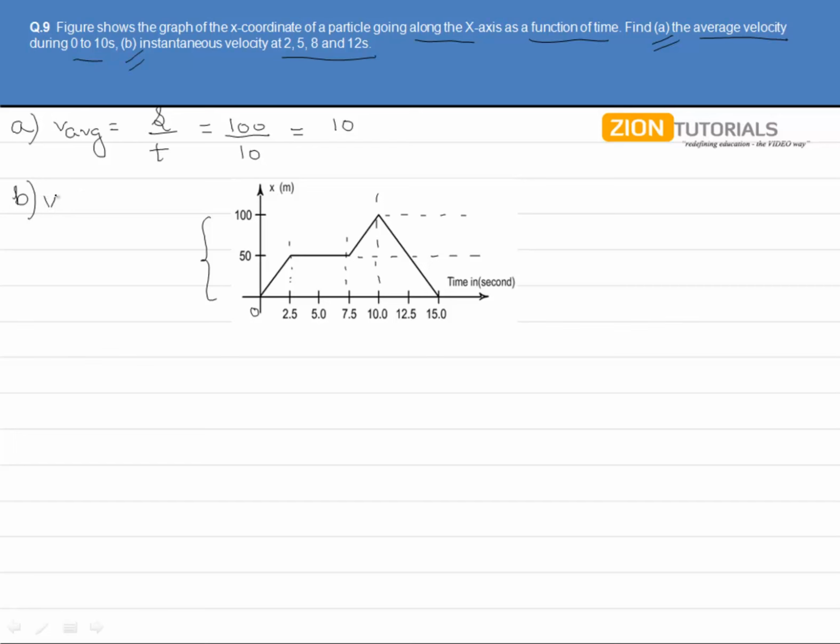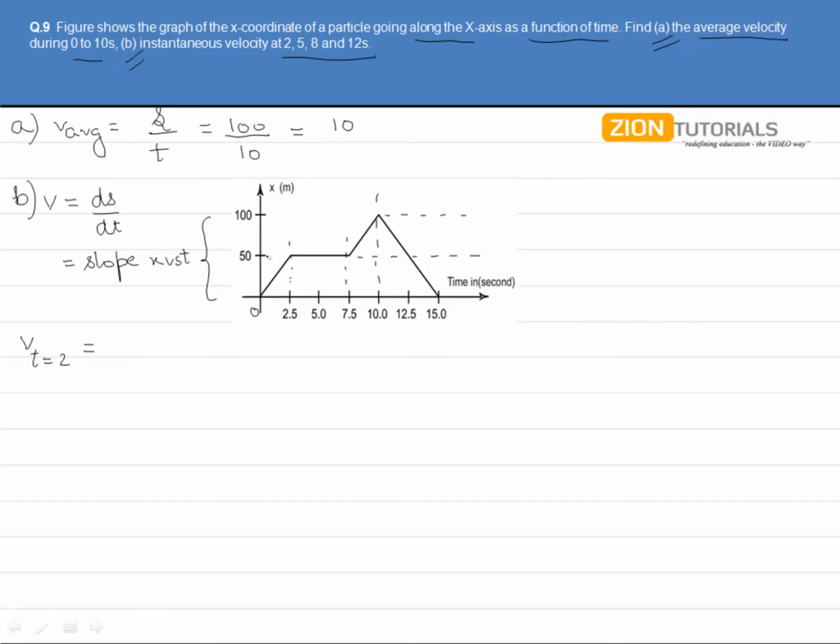Now we all know that the instantaneous velocity is dx by dt, or we can say the slope of the x versus t curve. So let us find out on this concept the instantaneous velocity at t equals 2 seconds.